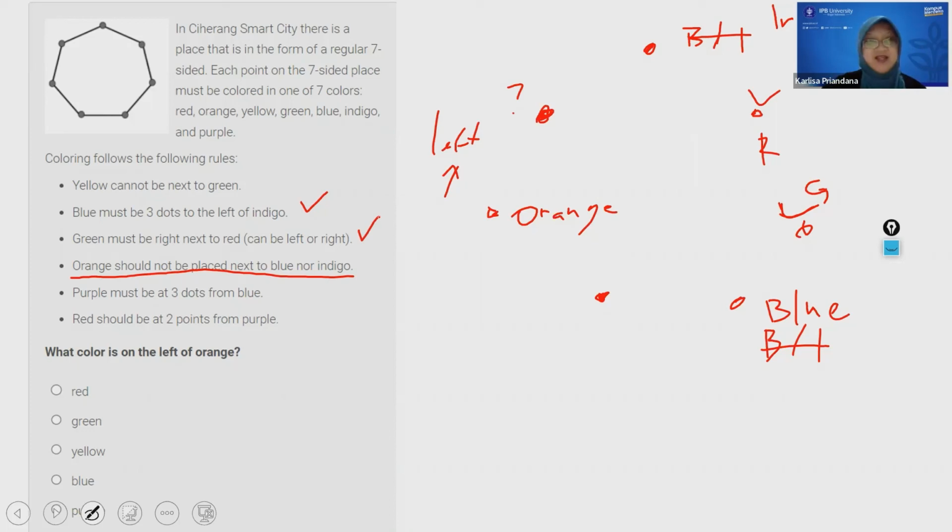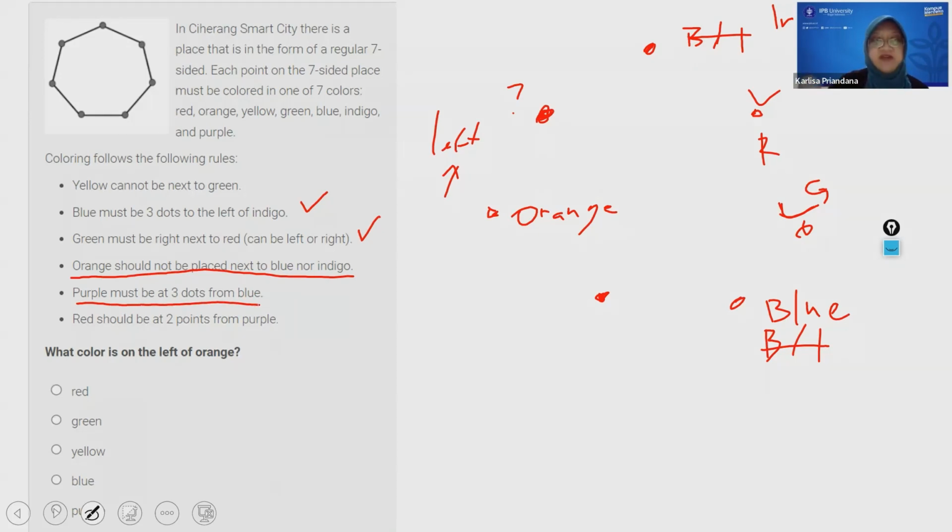And then we know that yellow cannot be next to green. And what else? Purple must be at 3 dots from blue. So now we move on from blue. 3 dots from blue, we cannot take the right one because 3 dots from blue to the right is already indigo.